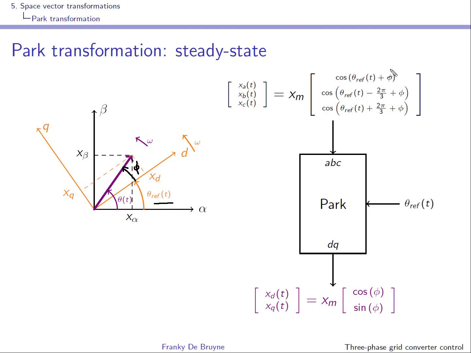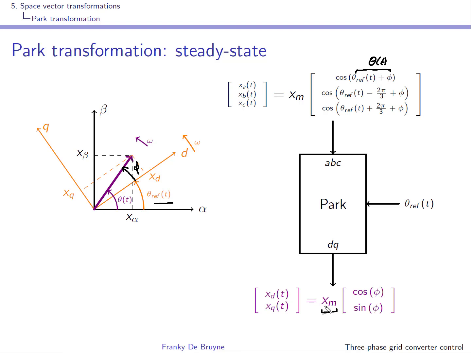Okay, so this signal here is theta of t, and in this rotating dq frame, this vector appears as a vector of amplitude xm.